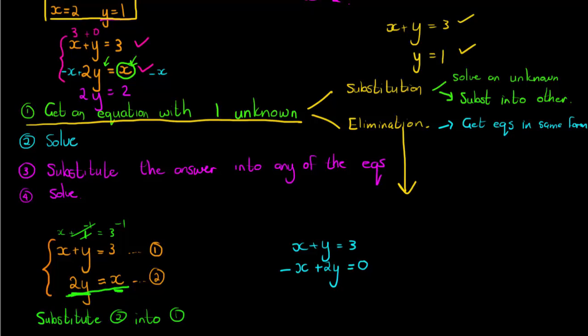Once you have that, the next thing you must do is get one unknown to have the same coefficient, but opposite sign.